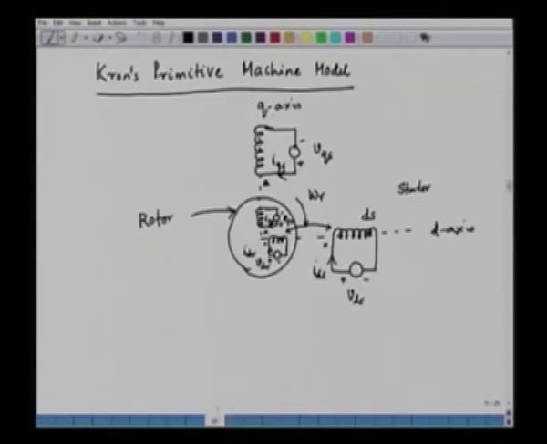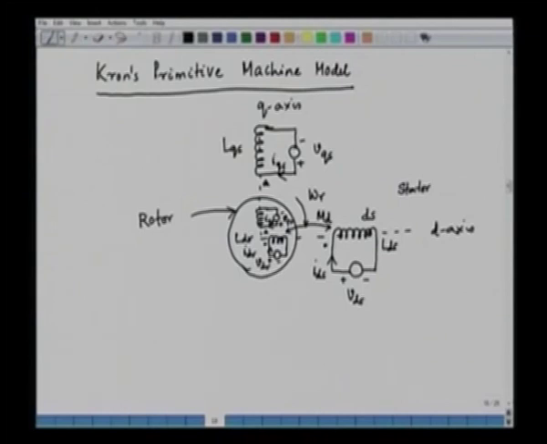Let us go back to the previous slide. Now, the self inductance of the d axis stator is LDS, and the mutual between the d axis stator and d axis rotor is MD. Similarly, the self inductance of the d axis rotor is LDR, and the self inductance of the q axis stator is LQS.